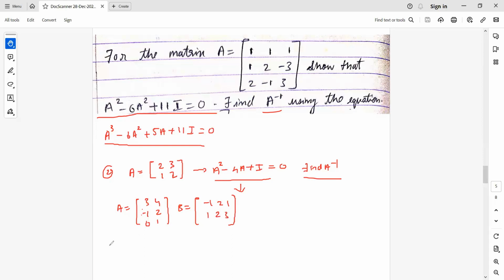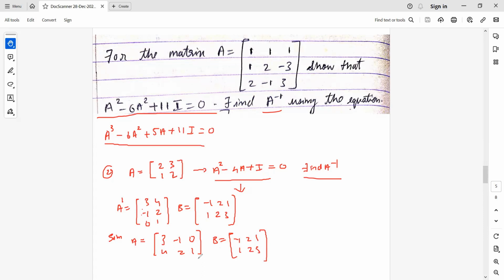So in the solution, first what you have to do, you have to write A. So A will be equal to [3 -1 0; 4 2 1]. And matrix B is also given. So matrix B is [-1 2 1; 1 2 3].